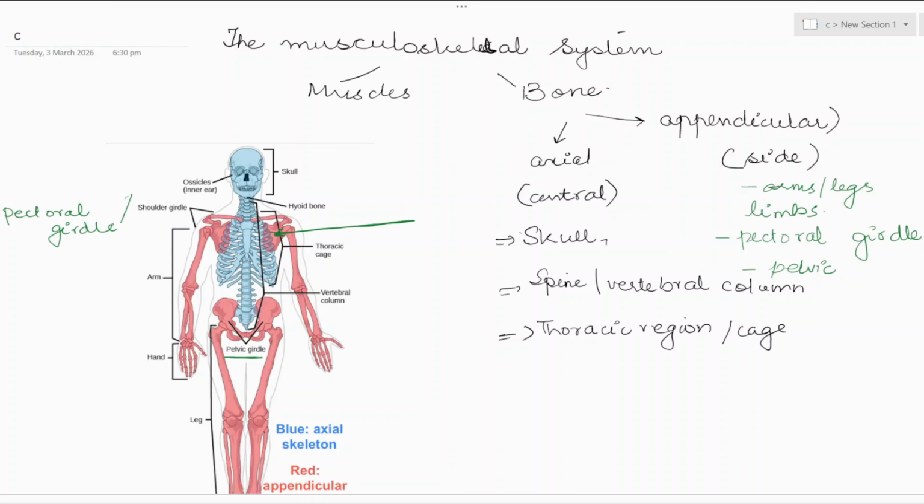And then there is a hip bone that connects to our lower limbs. It's the pelvic girdle. And then we have the limbs, the upper limbs and the lower limbs. The upper limbs are connected to the shoulder girdle, and the lower limbs are connected to the pelvic girdle.